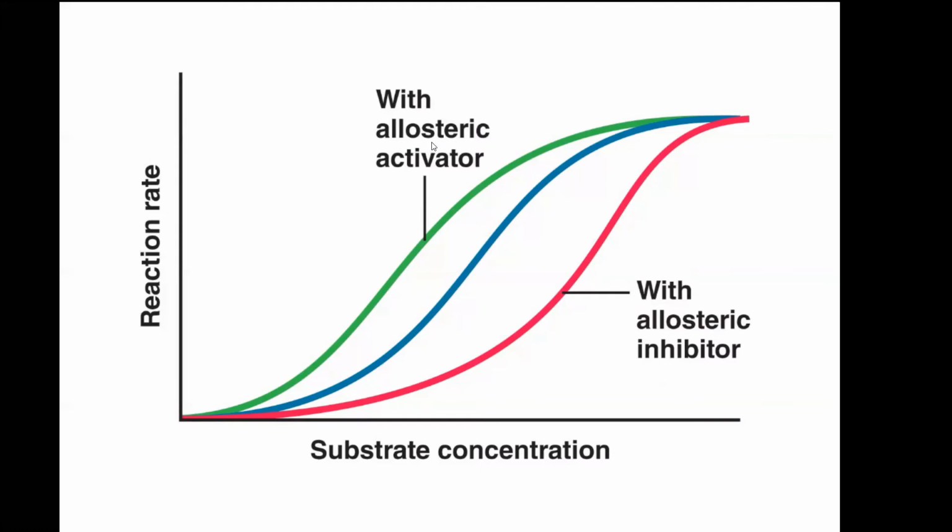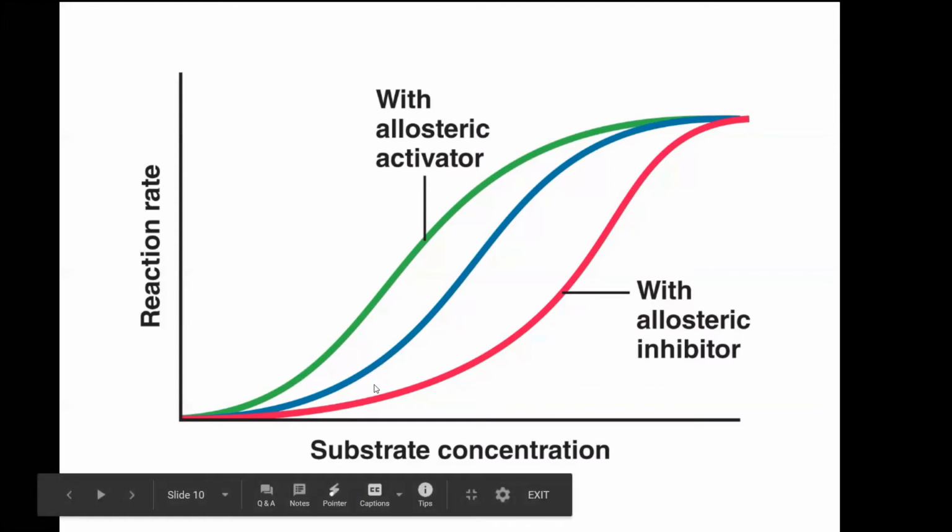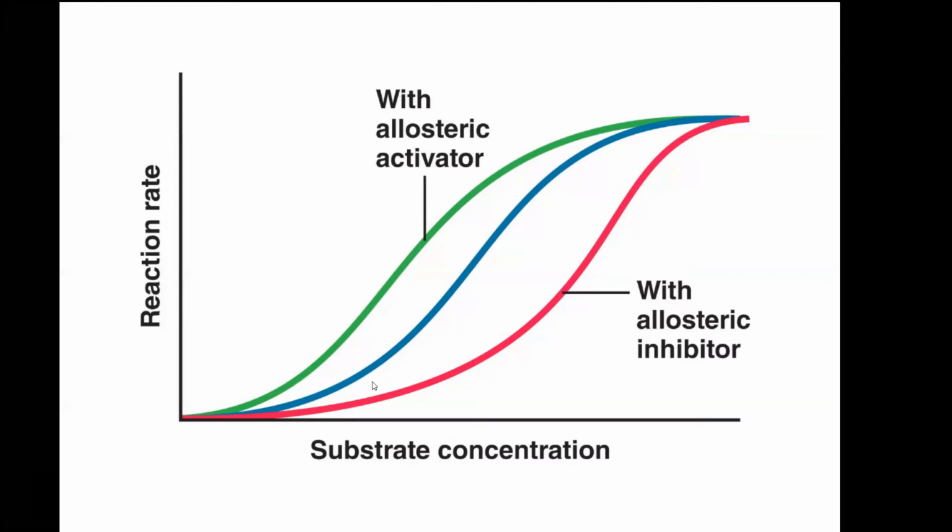So an allosteric activator would increase the affinity of the enzyme for the substrate and have the effect of basically speeding up the reactions. So we can see those two curves that we drew basically for affinity before. We can see them here as they relate to our allosteric inhibitors and activators.